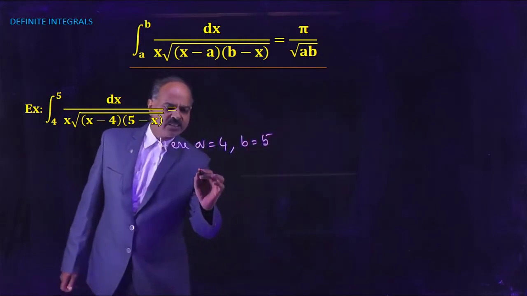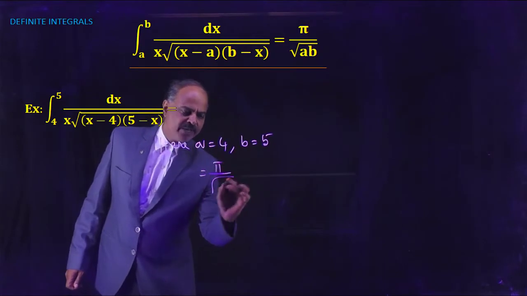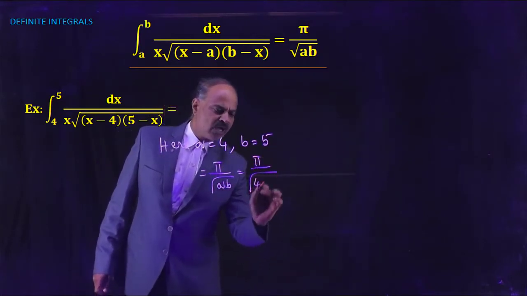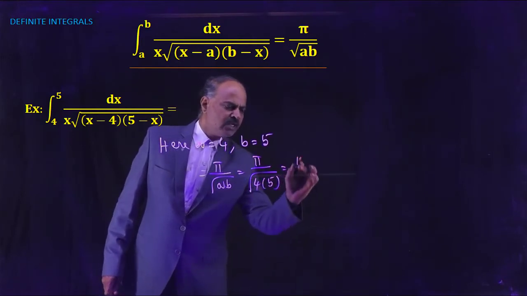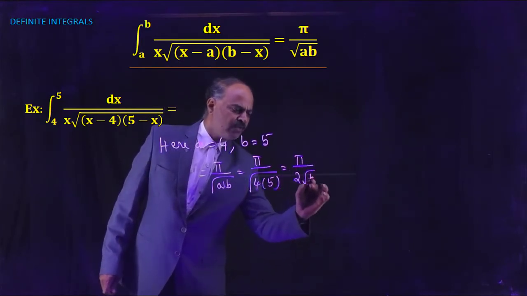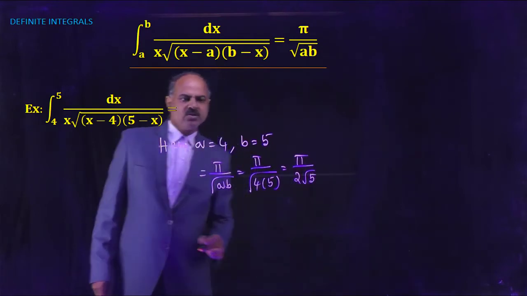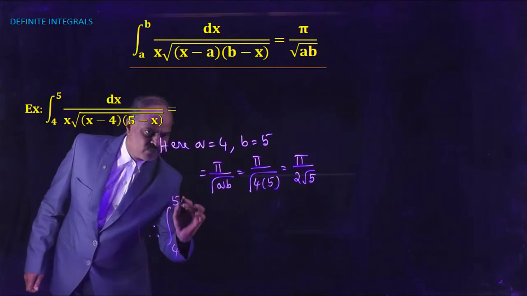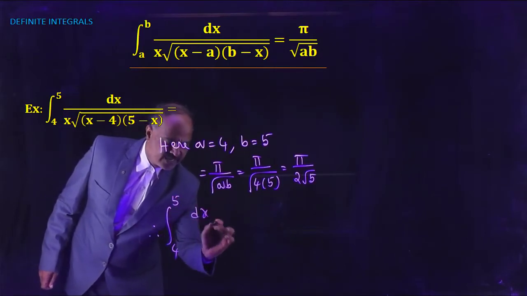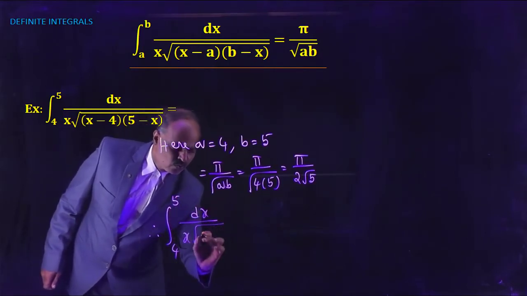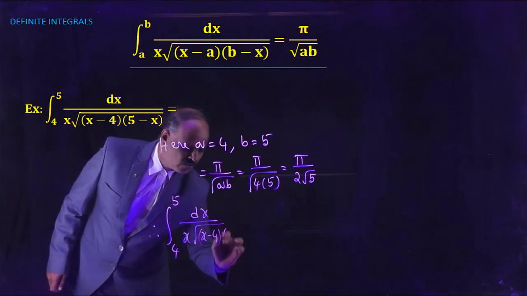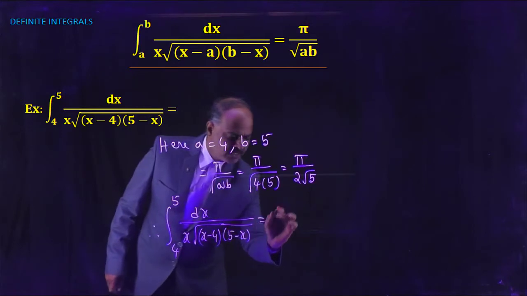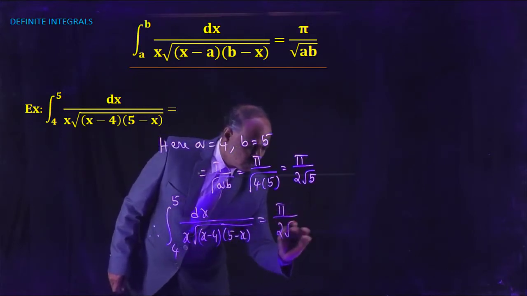So the formula is pi by root ab, that is pi by square root of 4 into 5, which is pi by 2 root 5. So therefore, integral 4 to 5 dx by x into root over (x minus 4) into (5 minus x) equals pi by 2 root 5.